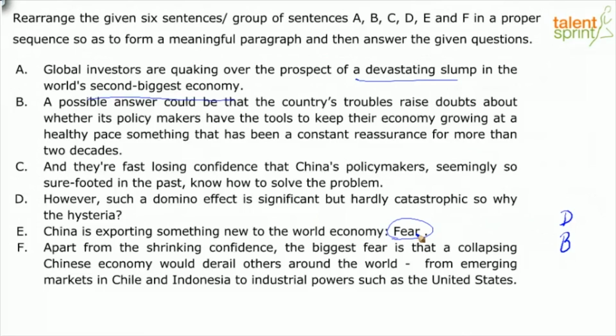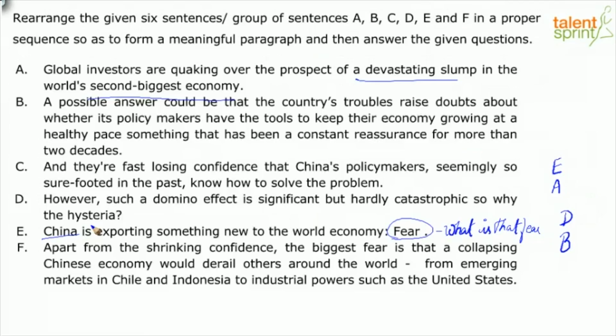The fear is that global investors are quaking over the prospect of a devastating slump in the world's second biggest economy. The world's second biggest economy is China, so it makes reference to what China had said. What is the fear that everybody is going through? It's answered in A, making reference to that.